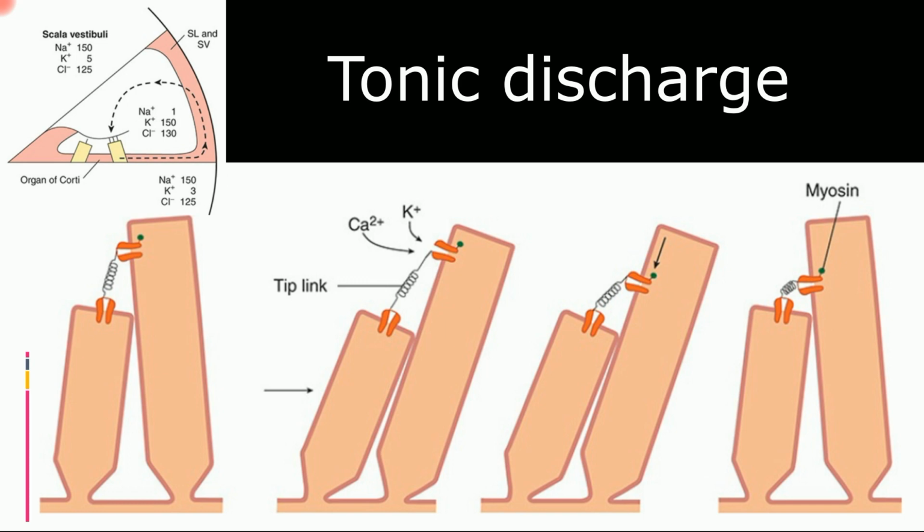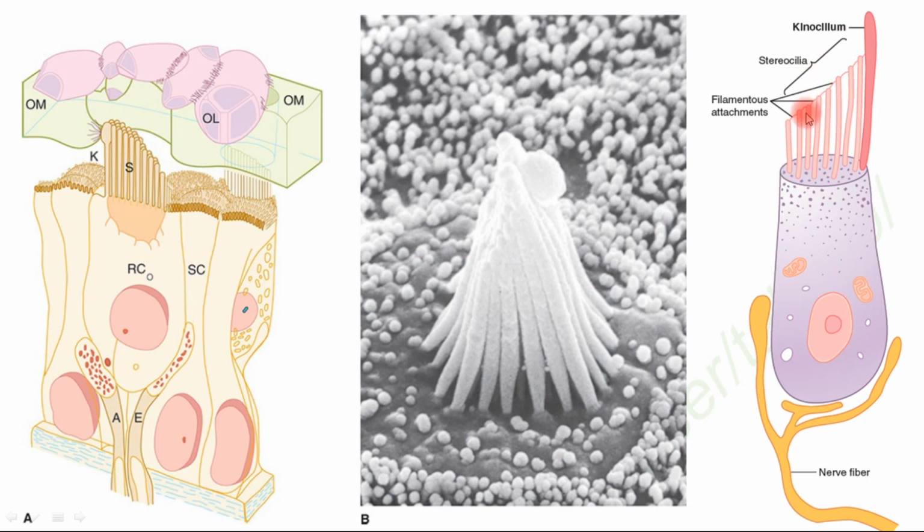So when the stereocilia bend towards the kinocilium, it is going to get depolarized, and the frequency of that discharge increases, thus signaling the change in equilibrium. Whereas if the person bends in the opposite direction, the frequency of the discharge is going to decrease.